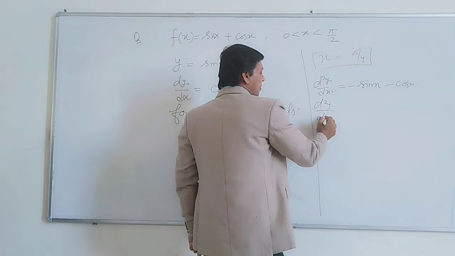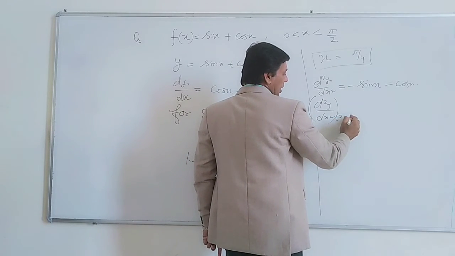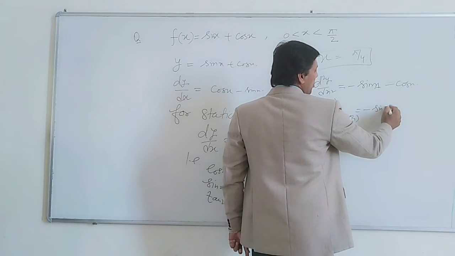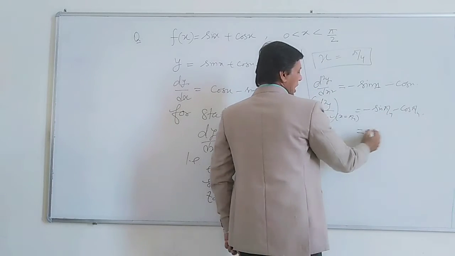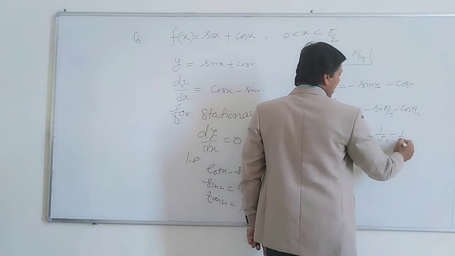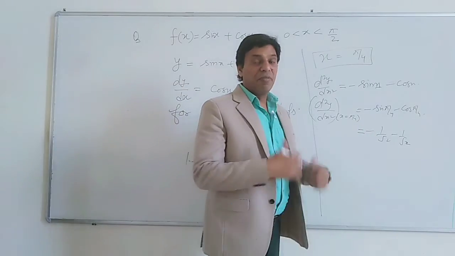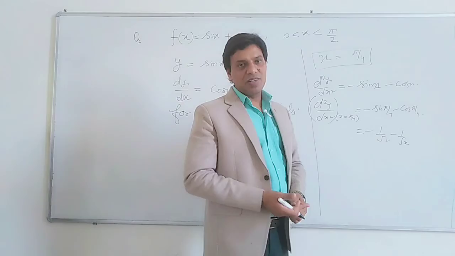So now I will find the second derivative at the stationary point, that is pi by 4. So in place of x put pi by 4. So sin pi by 4 is 1 upon under root 2, minus 1 upon under root 2. Thus it will be negative. Before adding I am telling you it is negative because two negative numbers will give the negative result.